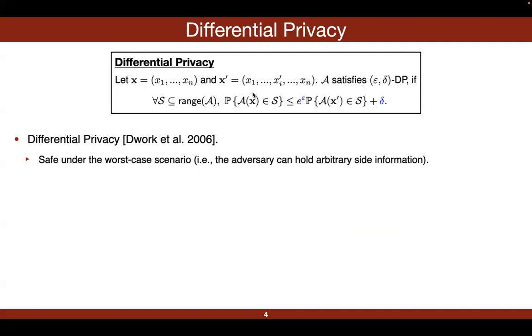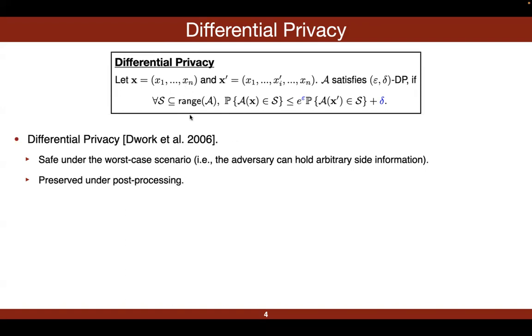In this case, the adversary knows every entry in X except for the ith entry, and tries to infer the ith entry from the given output of A. The definition of differential privacy suggests that even with this arbitrary side information, the adversary still cannot distinguish between X and X prime. It still cannot make any inference about the ith entry.